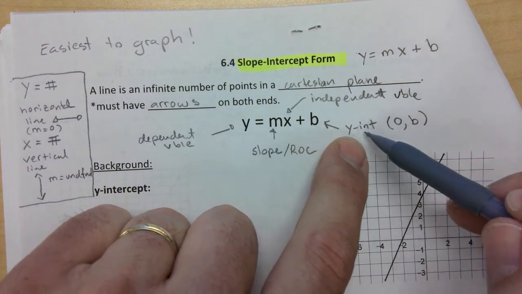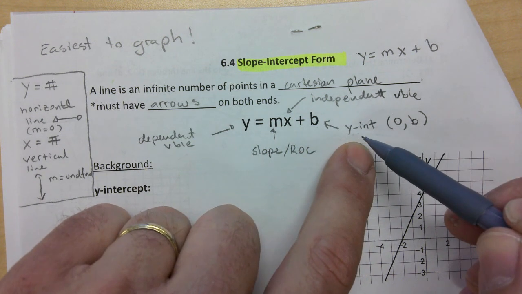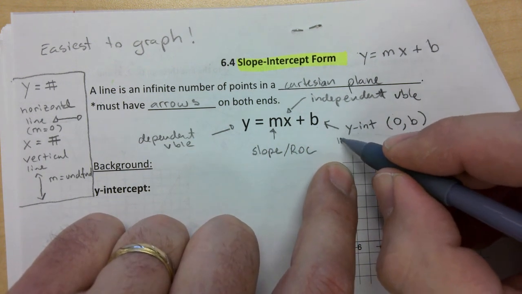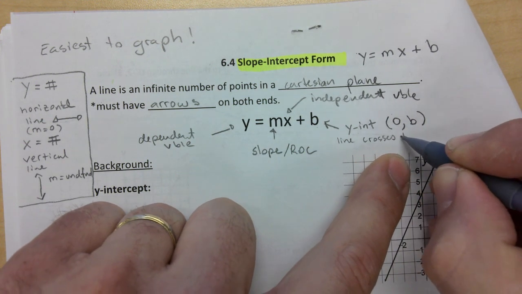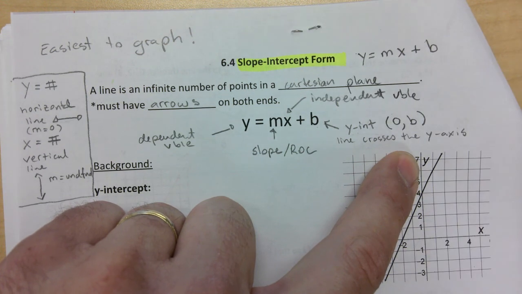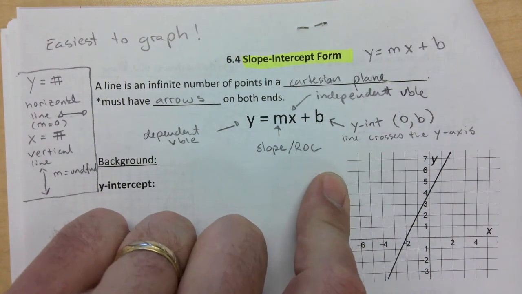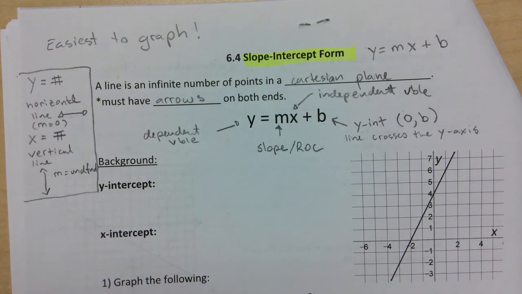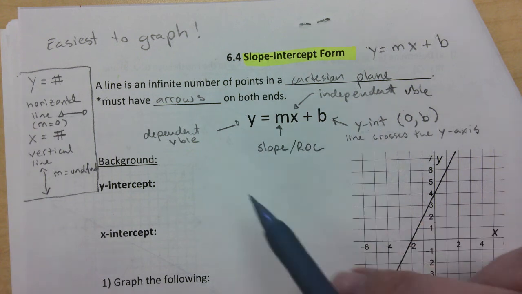Like this number gives you the y-intercept, and that's where the line crosses the y-axis. Okay, so very important to remember. And so there you have the whole equation.